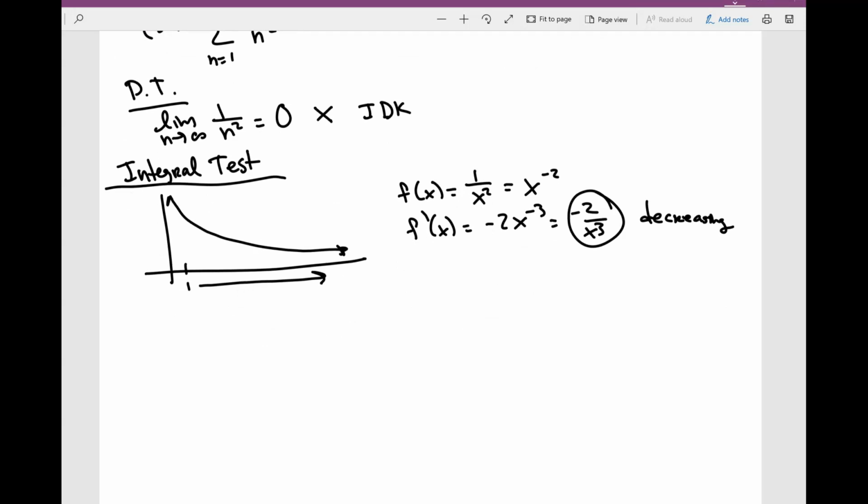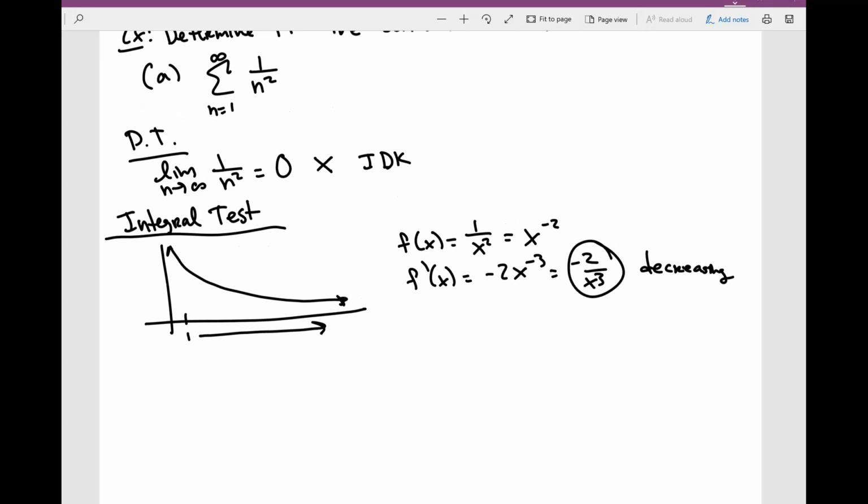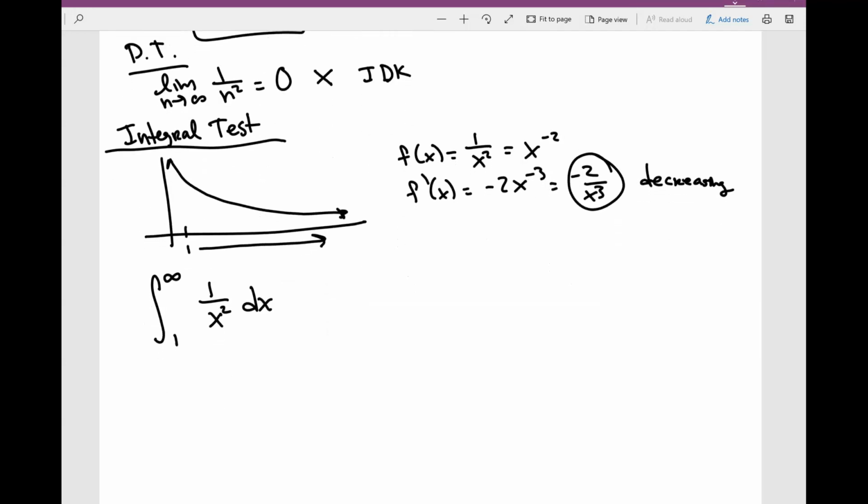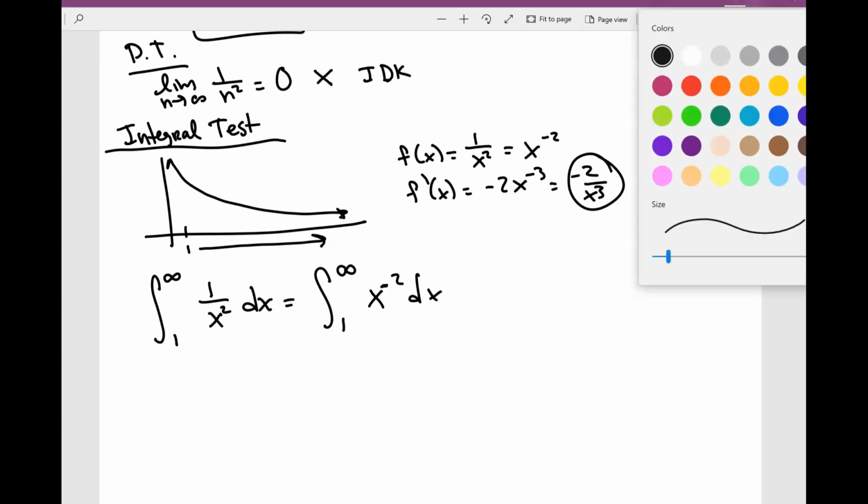So in order to figure out whether this is convergent or divergent, I just have to take the integral from 1 to infinity, because it starts at 1, of 1 over x squared dx. Which is basically 1 over n squared, but I'm plugging in an x. So this is going to be the integral from 1 to infinity of x to the negative 2 dx. Let me substitute that infinity with something else.